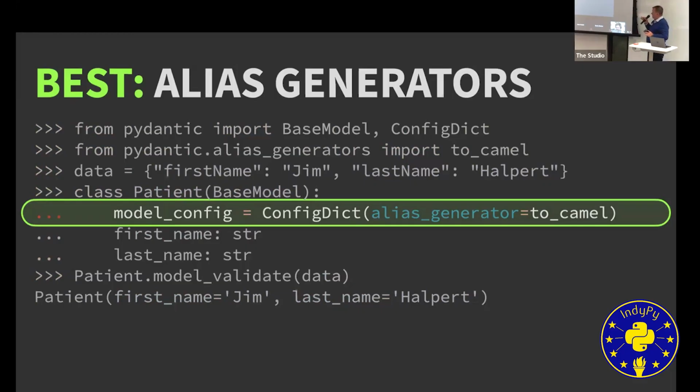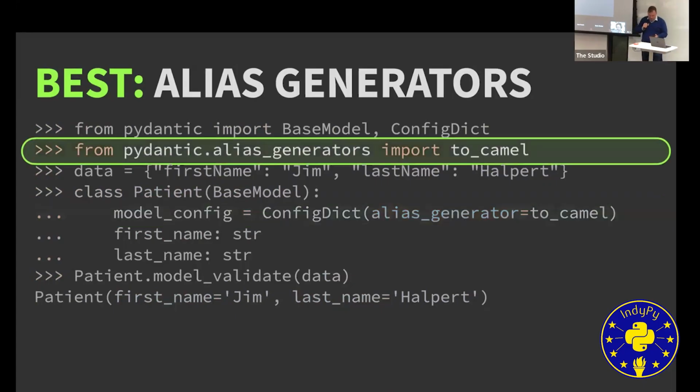But we can override that with the config dict object, and we can pass in an alias generator. And this alias generator will be used to create aliases for every field in the model. Now, Pydantic also offers a few out-of-the-box alias generators for our convenience, including the toCamel function that we see here, which transforms the names into camel case.